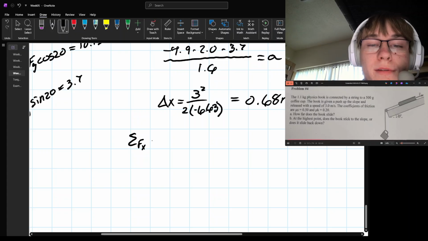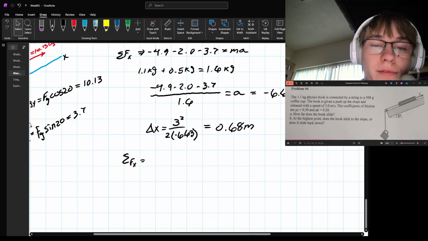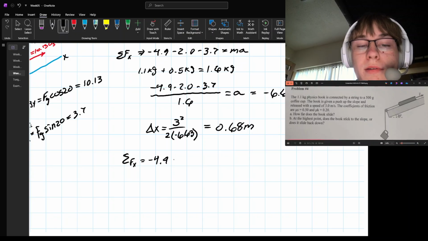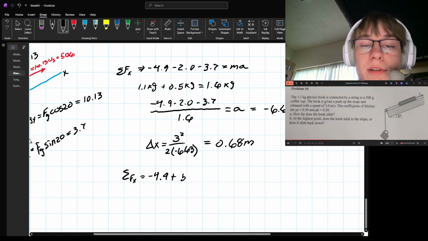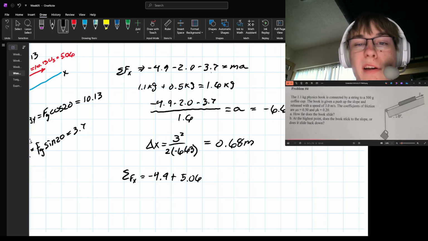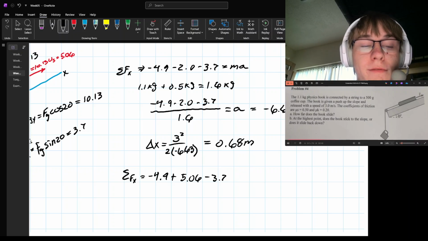Sum of force x is equal to, so this is still negative. That's our force tension. And then we're going to say plus this time, our force static, 5.06. And then we've got our minus 3.7. That's our force gravity.